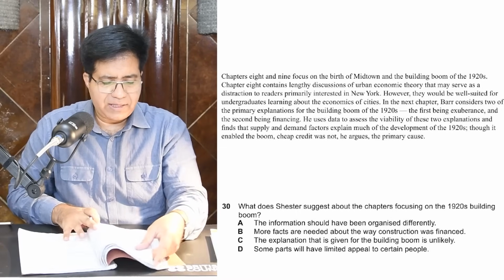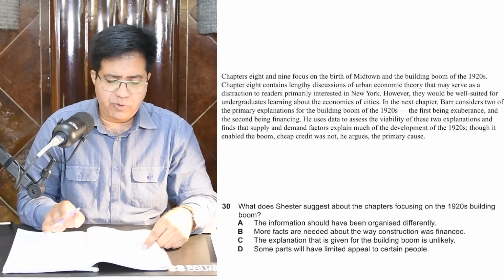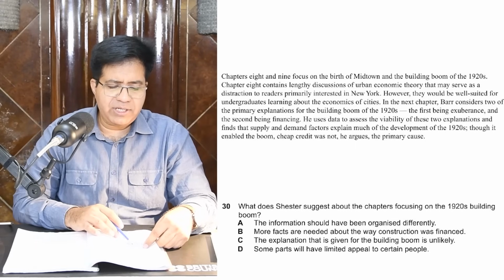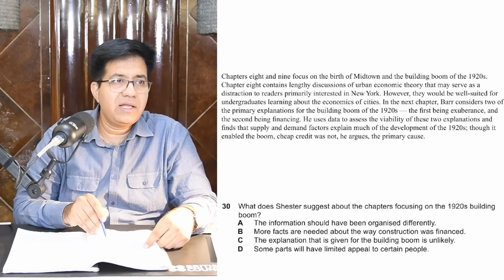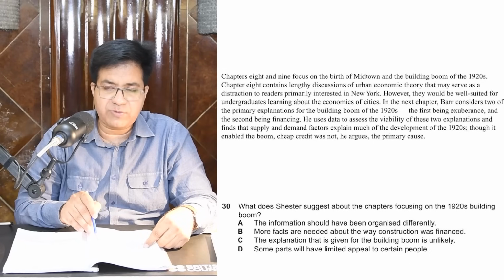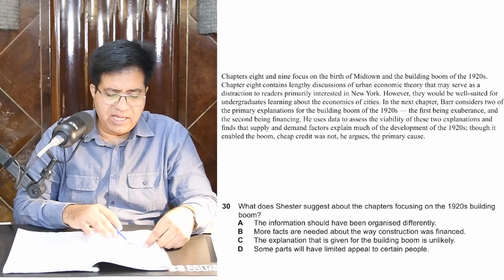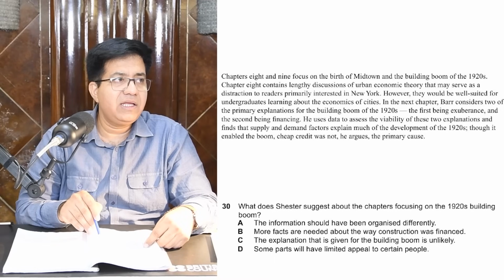Now, please come back. What does Chester suggest about chapters focusing on this thing? Option A. Information should have been organized differently. No. Option B. More facts are needed about the way construction was financed. No. Option C. Explanation that is given for the building boom is unlikely.